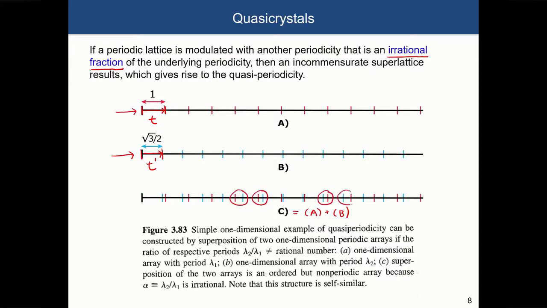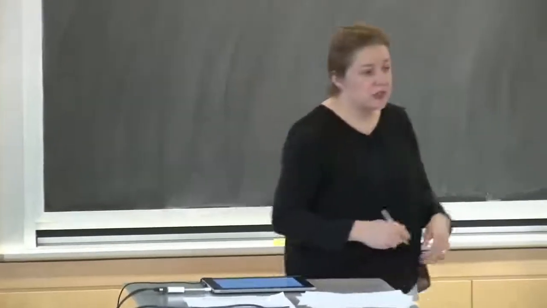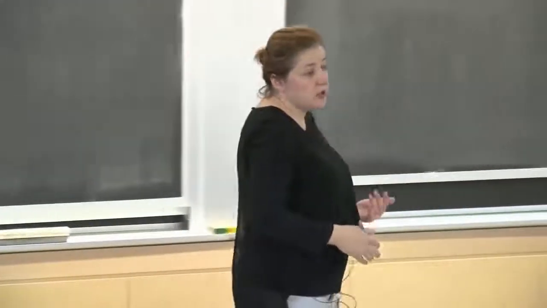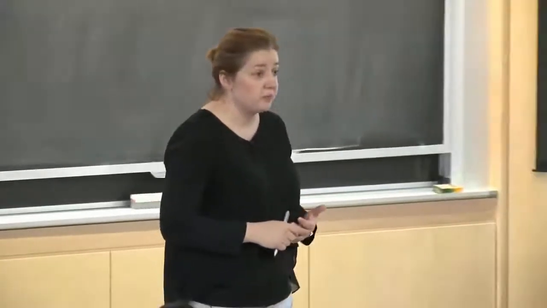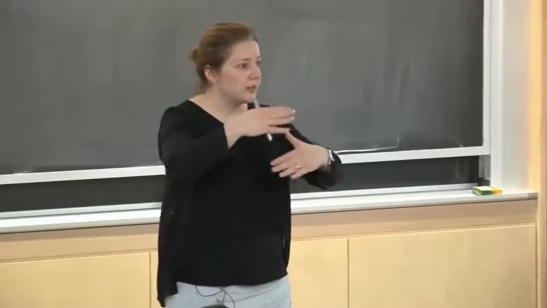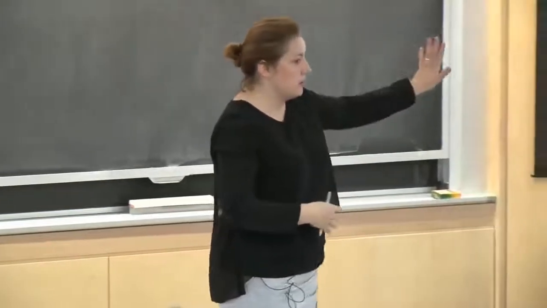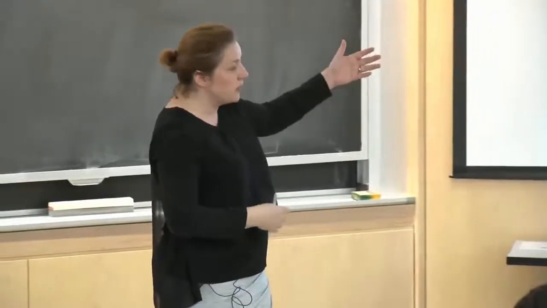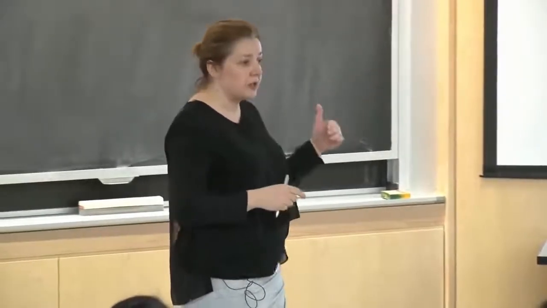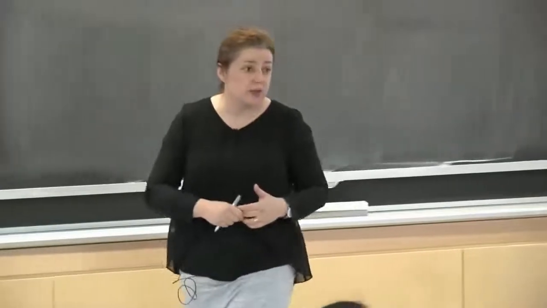And if I go further away, this feature will be self-similar to this one, etc. So there is this self-similarity, but there is no long-range translational order. So if you combine two traditional lattices, and the ratio between their basis vectors is an irrational fraction, you will end up with a quasi-crystalline structure.